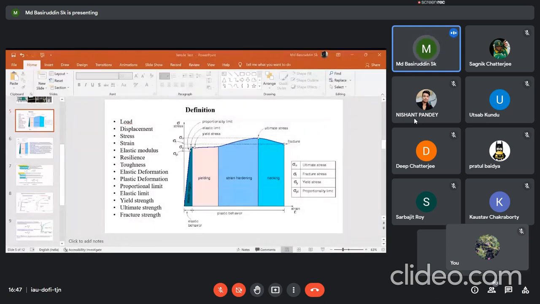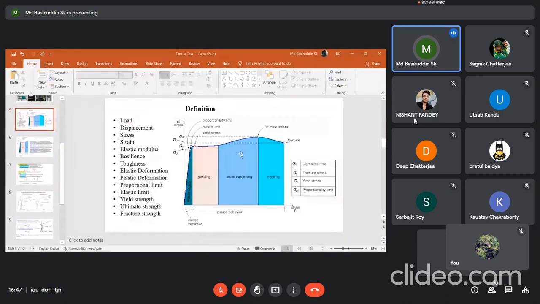Okay, so that is why we generally follow the strain level up to the ultimate tensile strength. Okay, not beyond that, because beyond that softening will happen. So that is why you will see that in the engineering stress strain curve, beyond the UTS, the load will drop, and the curve will go down from the UTS stress level.